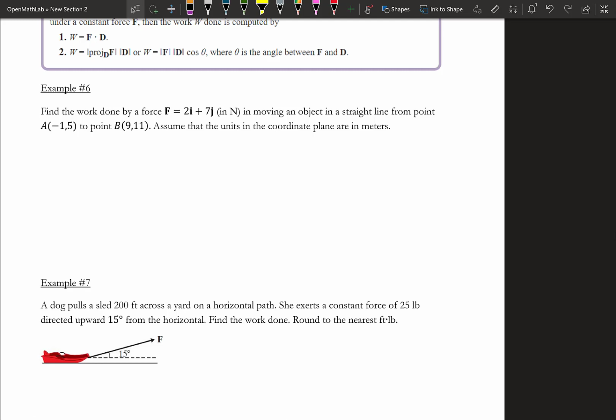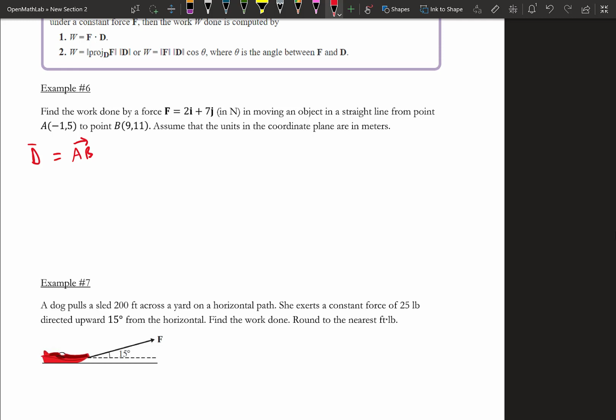Right. So we can work through example 6. It says find the work done by a force F, which is equal to 2I plus 7J, in newtons, moving an object in a straight line from point A to B. Assume that the units in the coordinate plane are in meters. So the displacement vector here is going to be equal to the vector AB.